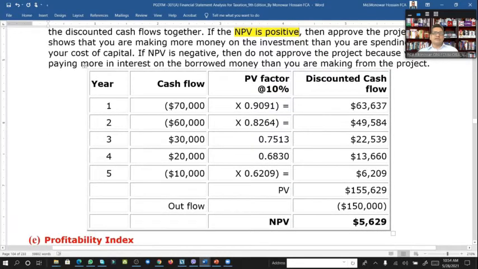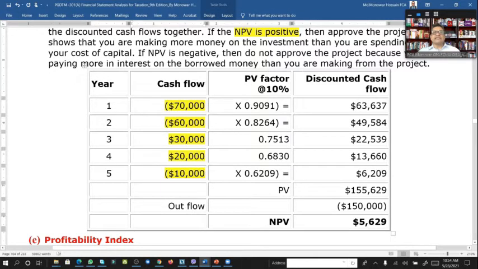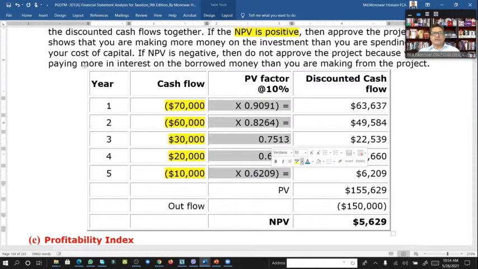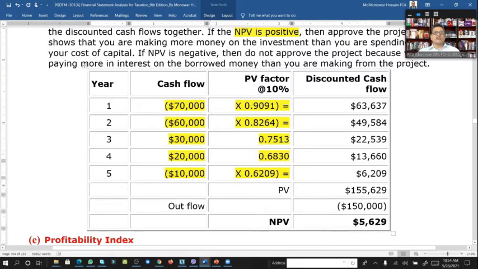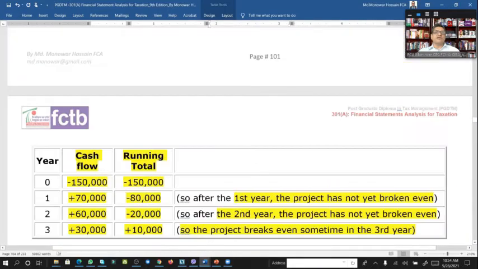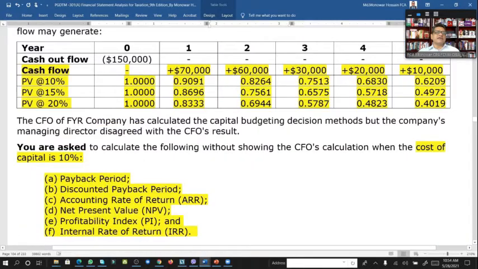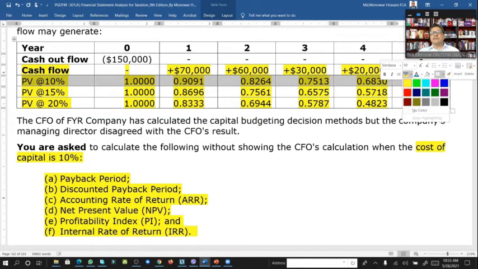Look here. In this figure, this is the 5 years of cash inflow, and with this cash inflow we multiply the 5 years PV factor, which we can take from the sheet, also given in our question. Look here, this is the 10% PV factor for all 5 years.